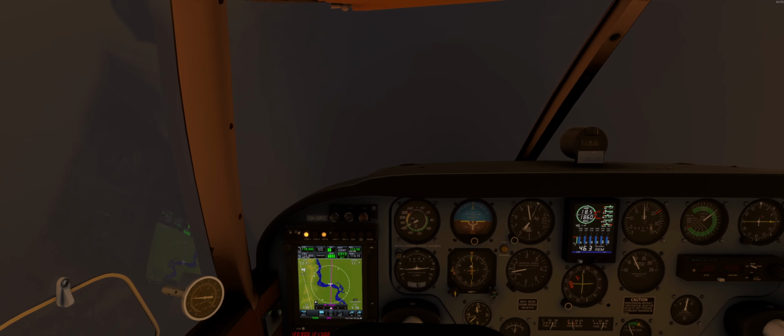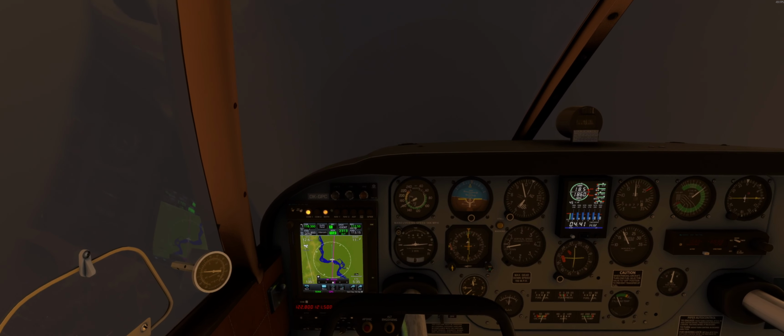Fairbanks traffic, November 36 Foxtrot, about a 4-mile final for runway 2 right.